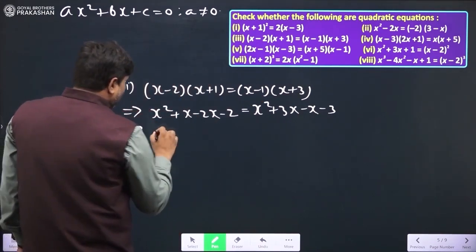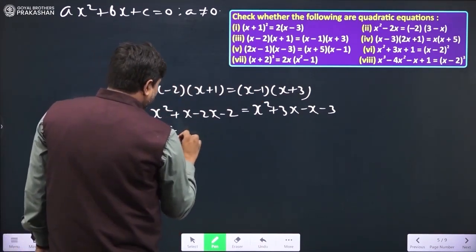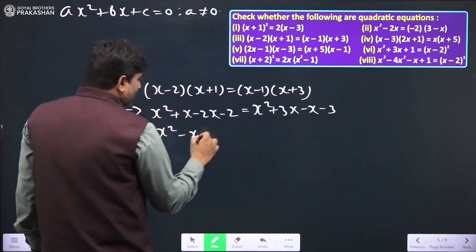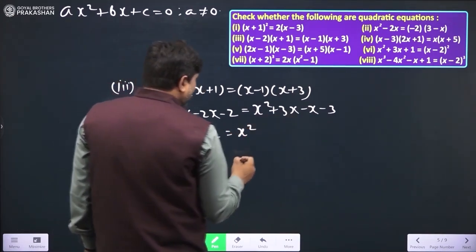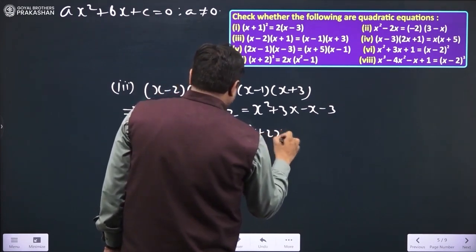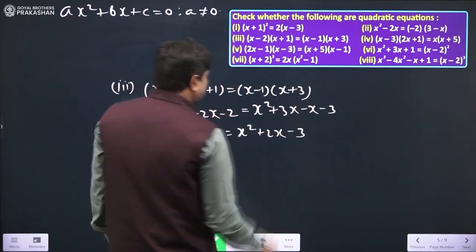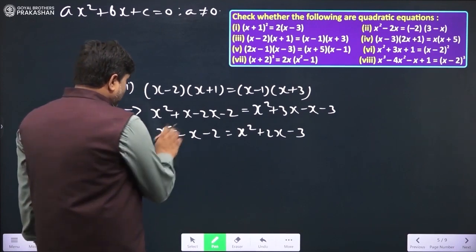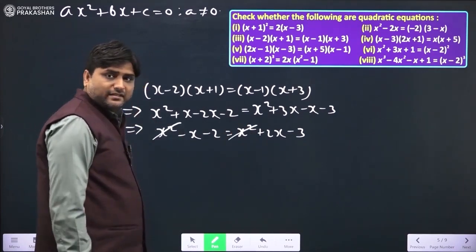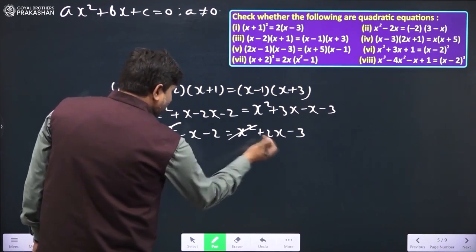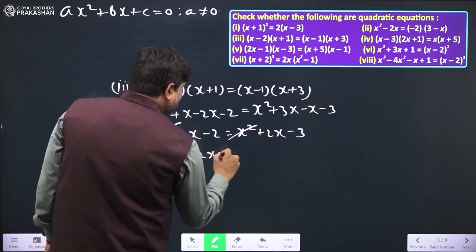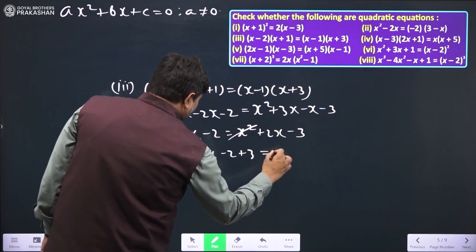So in LHS it is x square, x minus 2x is minus x, minus 2 is equal to x square, 3x minus x is 2x minus 3. So x square and x square gets cancelled. Now it will be minus x minus 2x minus 2 plus 3 equal to 0.